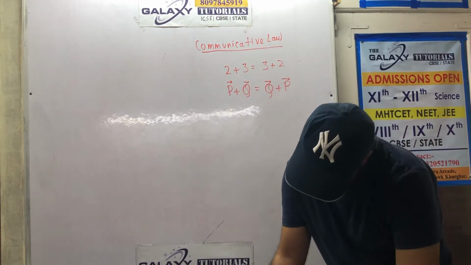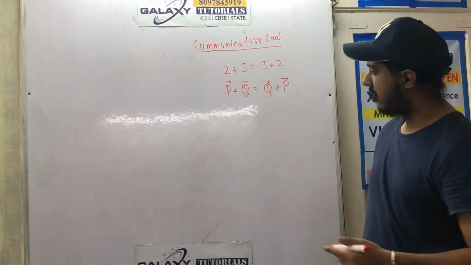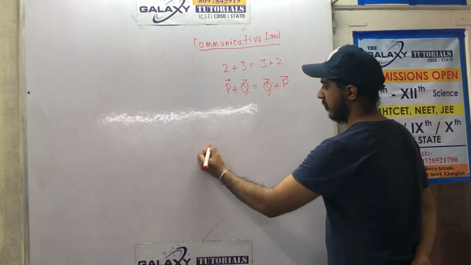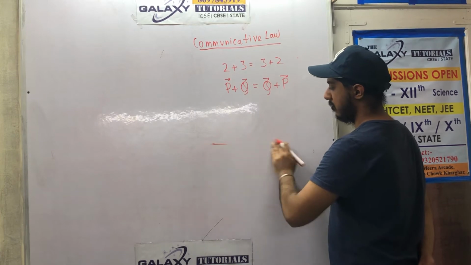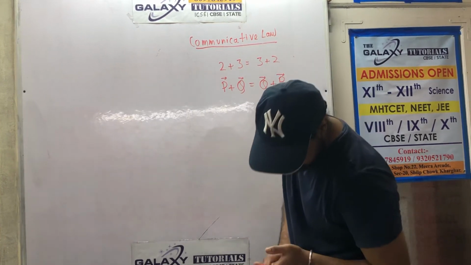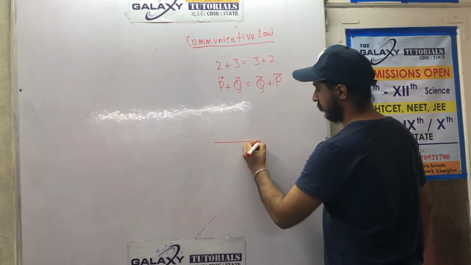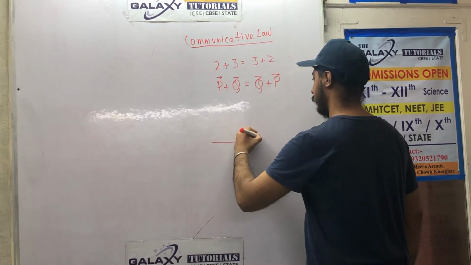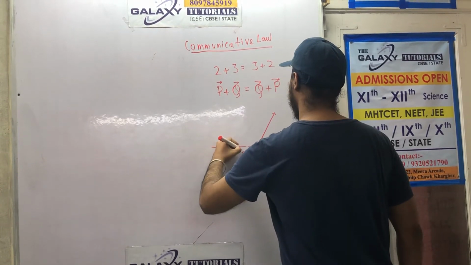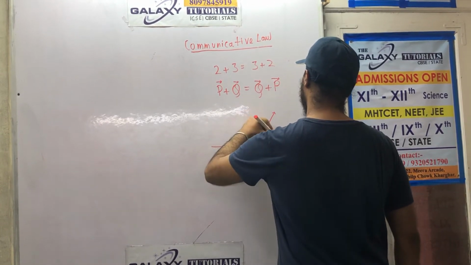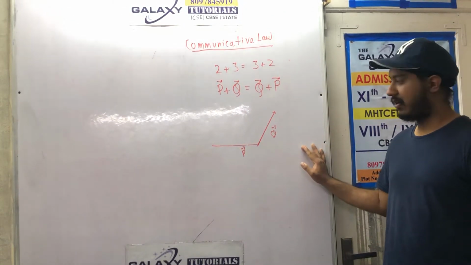Okay, so there is a small verification that is given in your book, how to verify this. So we will see this. Let us assume this here is a vector P and vector Q. Just recently we studied triangle law.